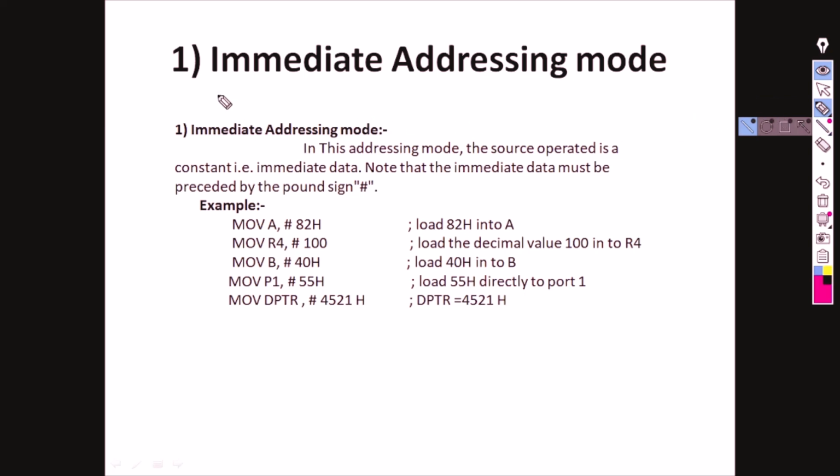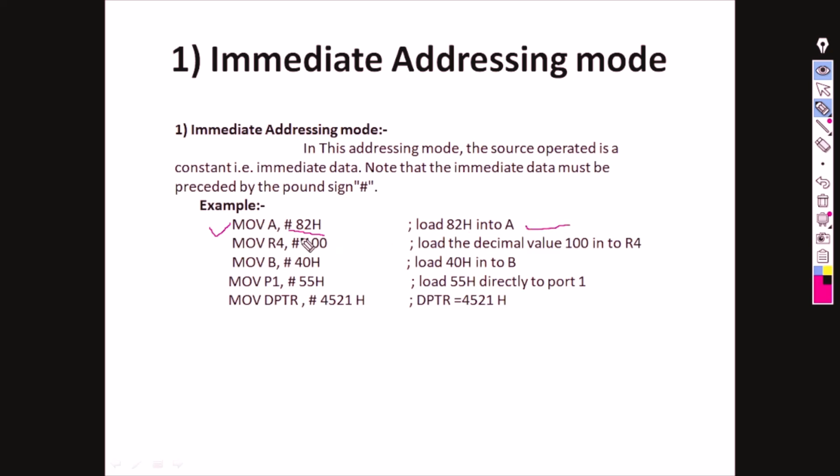In immediate addressing mode, the source operand is a constant. If you want to store immediate data, you can see the examples. MOV A, #82H loads 82H into the accumulator.